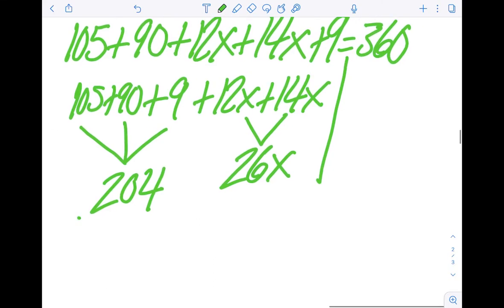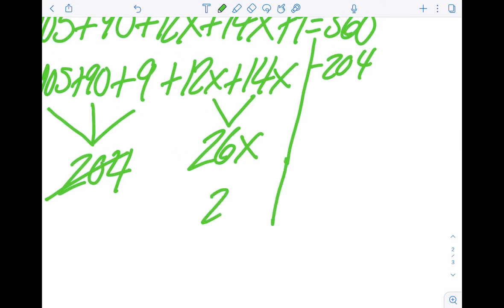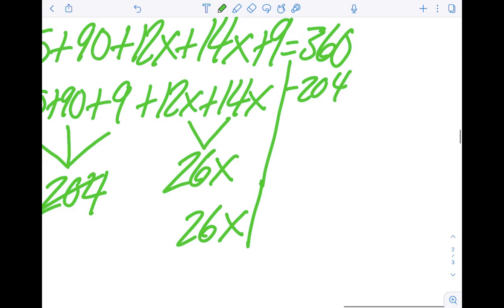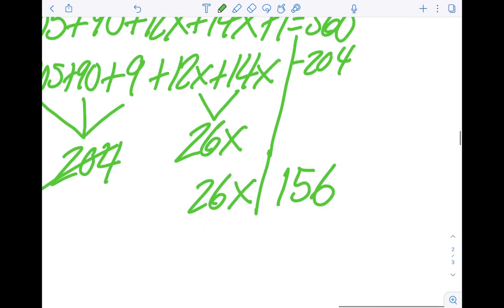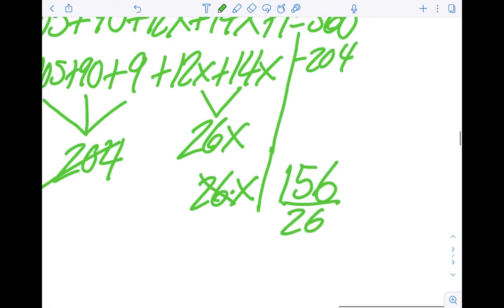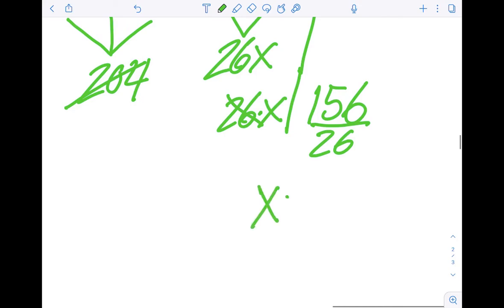That means I need to move this 204 over and make it minus 204. So I get 26x, and 360 minus 204 is 156. The opposite of multiplying by 26 is dividing by 26. So x is equal to 6.